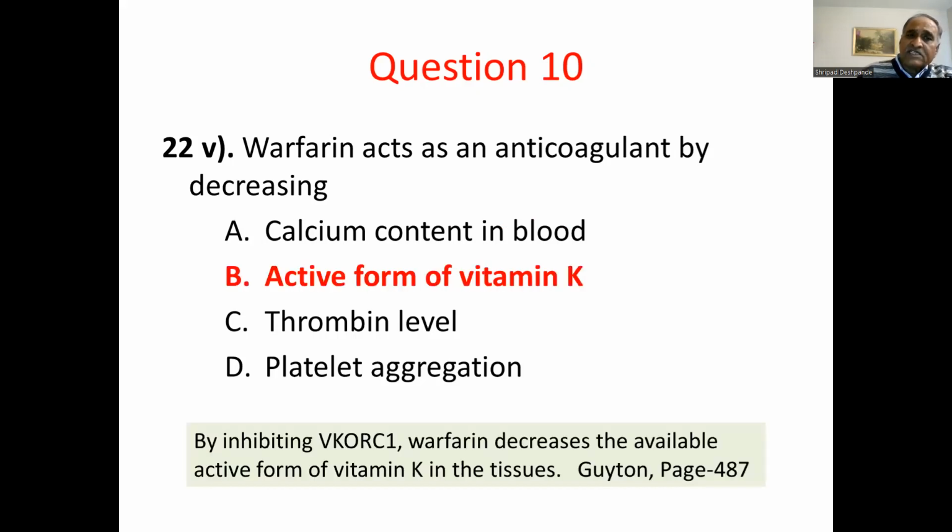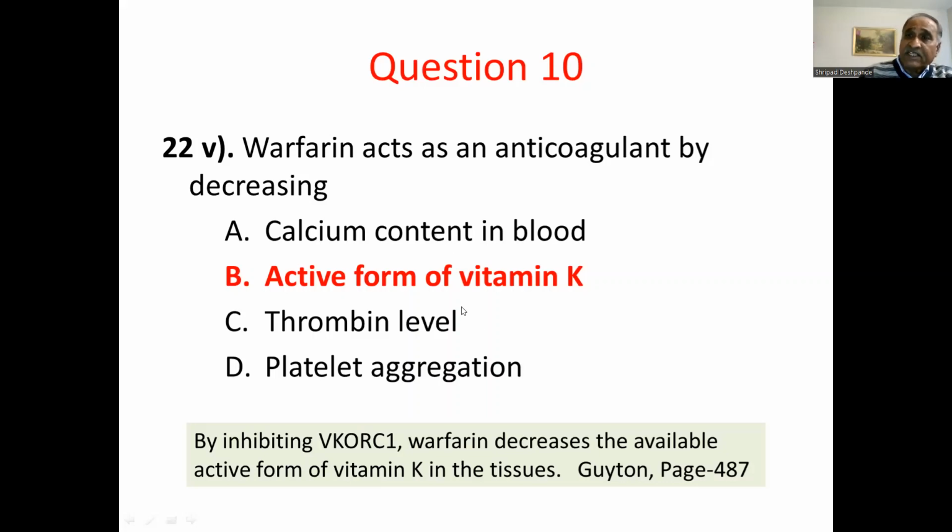If you look at this, warfarin inhibits VKORC1, and by that warfarin decreases the available active form of vitamin K. VKORC1 is necessary to activate vitamin K, and warfarin inhibits VKORC1, and thus it decreases the active form of vitamin K. The answer to this question is B, active form of vitamin K. It's not the calcium content or thrombin level.